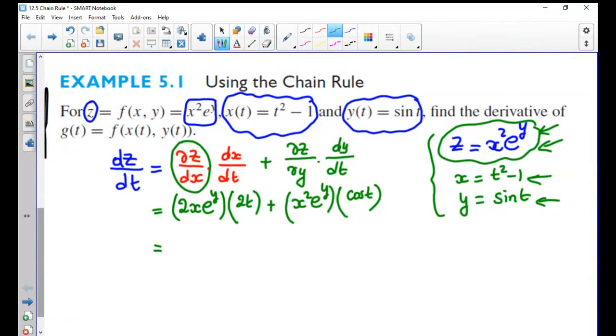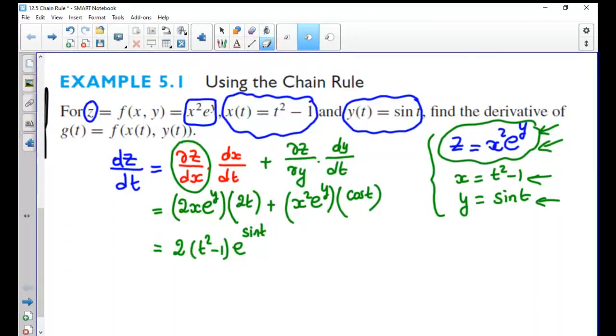After this, because we want our final answer to be a function of t, I need to substitute. So it's going to be 2 times x, which is t squared minus 1, e to the power of y, which is sine t, multiplied by 2t, plus x squared.